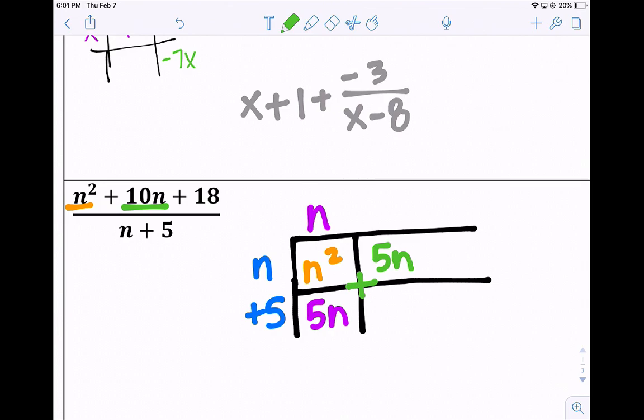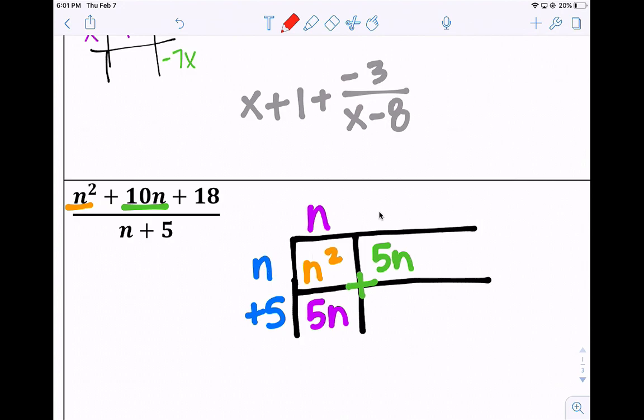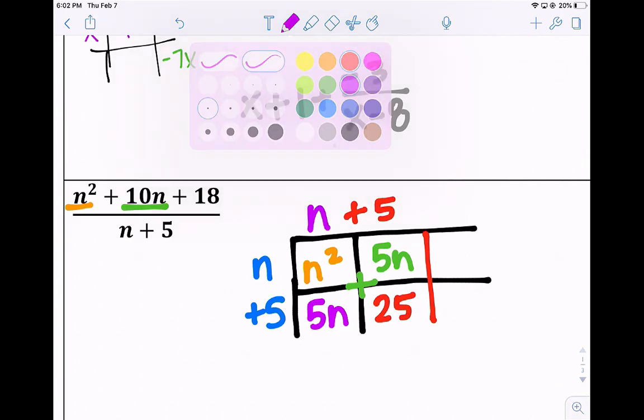Okay. So now, again, I'm looking at n times what would give me 5n. Well, that would have to be a positive 5. Okay. So then positive 5 times positive 5 is going to be positive 25. Okay. I don't want 25. I want 18.